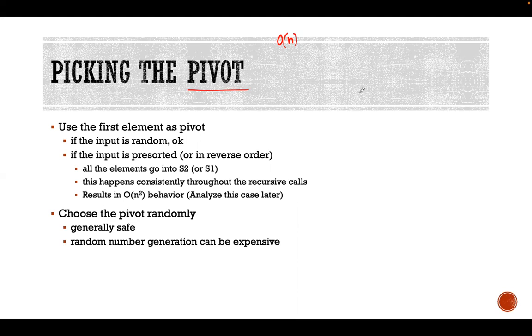For example, let me show you an example. Our set of items looks like this. We have 9 numbers, from 1 to 9, in random order.